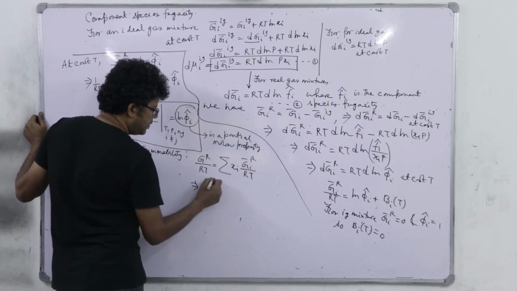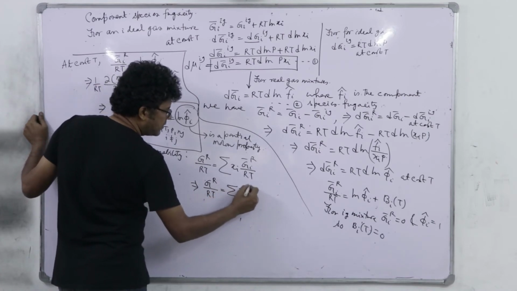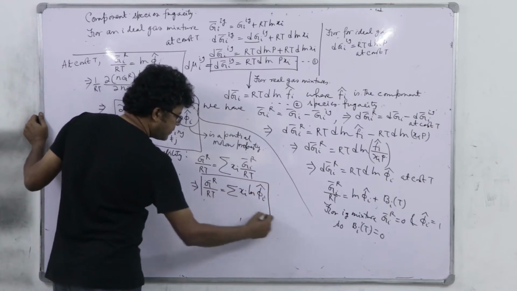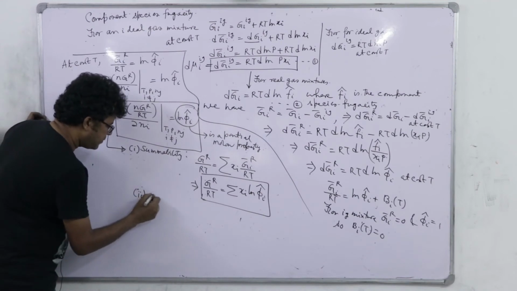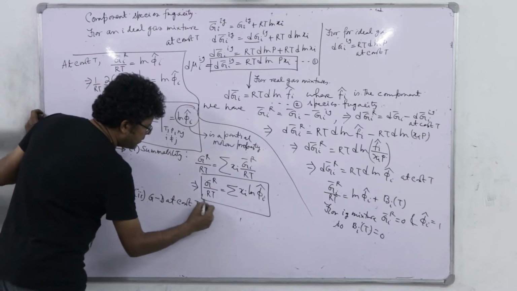So, G R by RT is summation xi ln phi i cap. Second, Gibbs-Duhem at constant temperature and pressure.